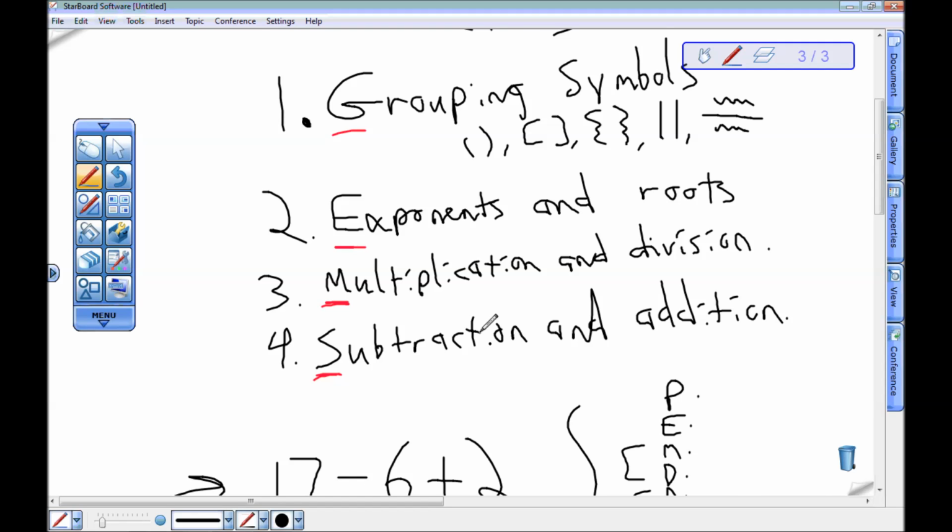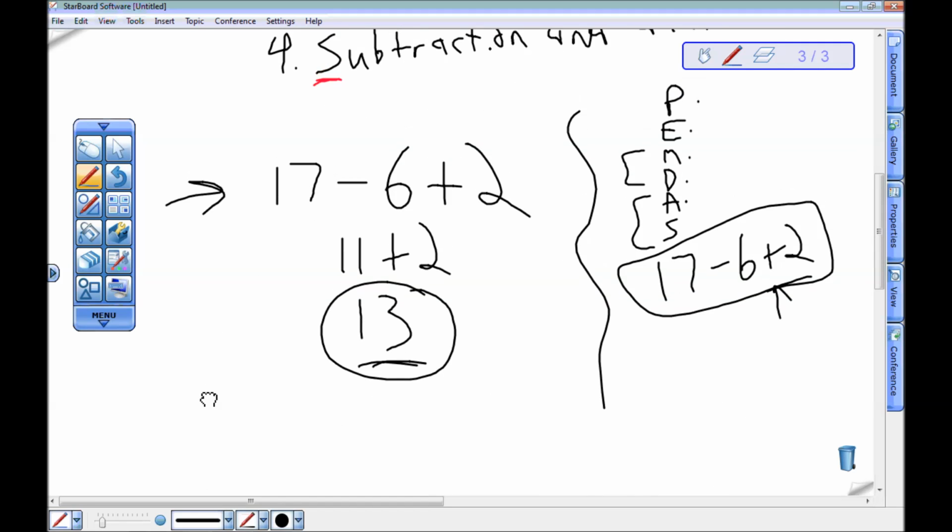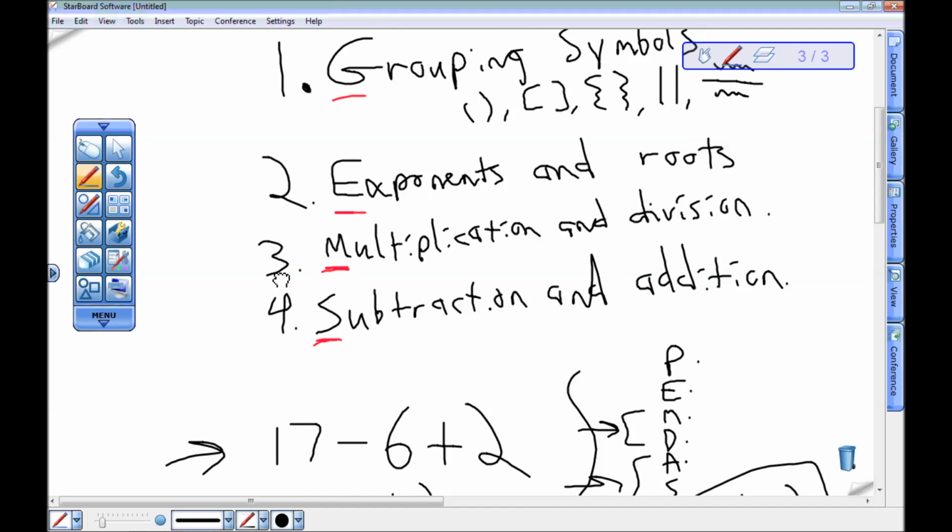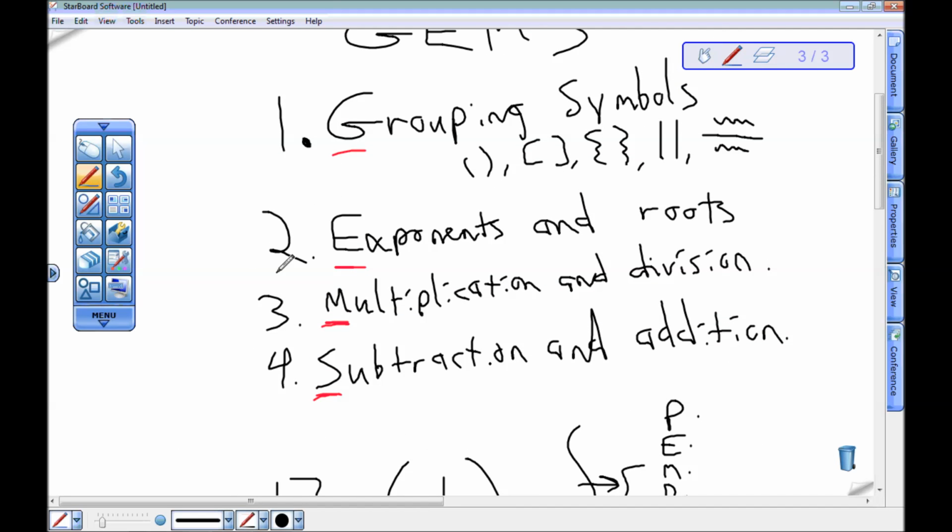So I like GEMS because it helps me avoid this, and it's also a word, whereas PEMDAS isn't, and I need to use a phrase to remember PEMDAS so I can remember the order of operations, and then I need to remember that these go together. So if you're secure in the way you do the order of operations and you do them in this same order as one of these two, stick with it. That's great. If you are looking for a way to remember the order of operations, I think this is definitely the way to go.